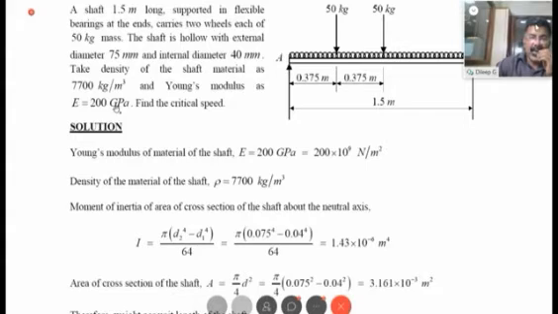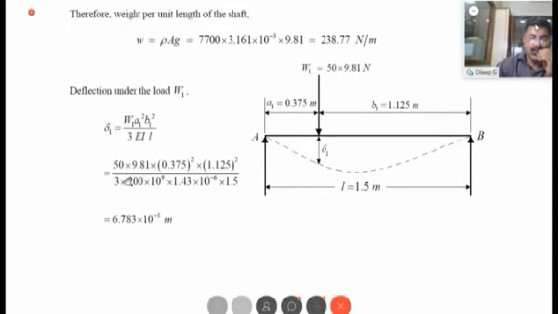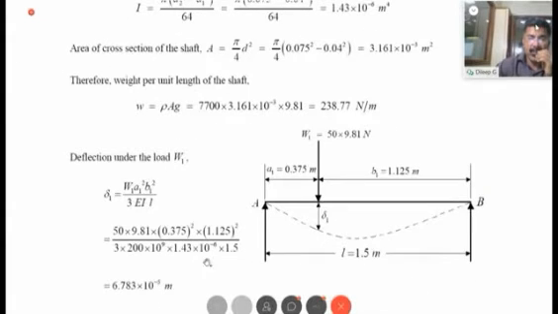Giga means 10 raised to 9, and Pascal means Newton per meter square, which is the SI system. So E is 200 into 10 raised to 9 Newton per meter square. I we have already found out, 1.43 into 10 raised to minus 6, into L, where L is 1.5 meter. If you do it, you will get the deflection under the load W1 as 6.783 into 10 raised to minus 5 meter.